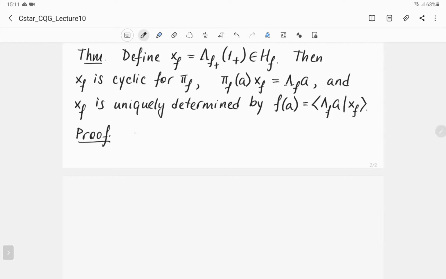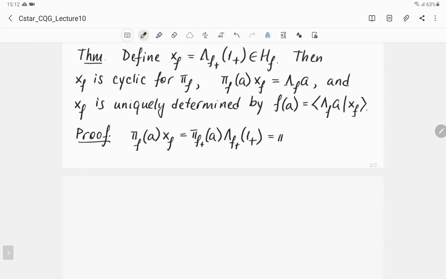Let's apply pi F of a to xF. So we identify pi F of a with pi F plus of a. xF is by construction lambda F plus of the identity. And by the property of GNS representation, this is just lambda F plus applied to the product, but the product is just a.